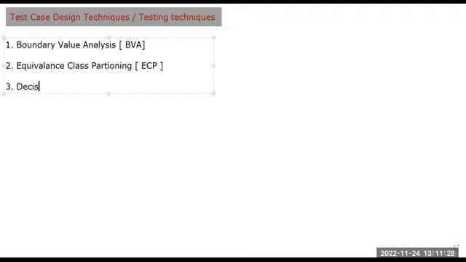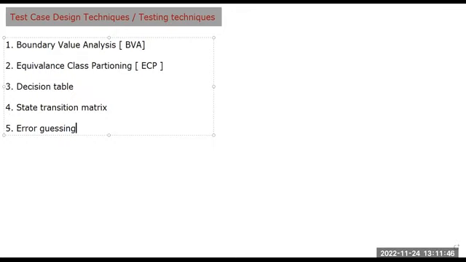Then equivalence class partitioning, or ECP in short form. This is the second technique. Another technique is the decision table. Then the state transition matrix. And also error guessing. So these are the 5 different techniques to identify a quality number of test scenarios.